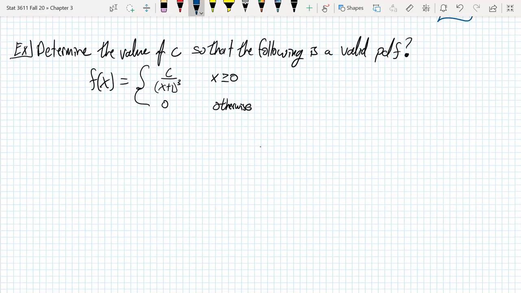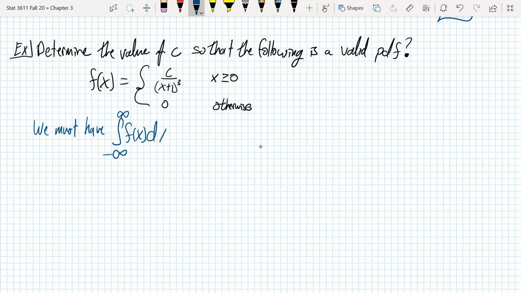All right. How do we pick out our C value here? Well, what we know, in order for this to be a valid PDF, we must have the integral from minus infinity to infinity of f(x) dx equaling 1, right? That has to equal 1 in order for this to be a valid PDF. Okay, so how do we utilize that?